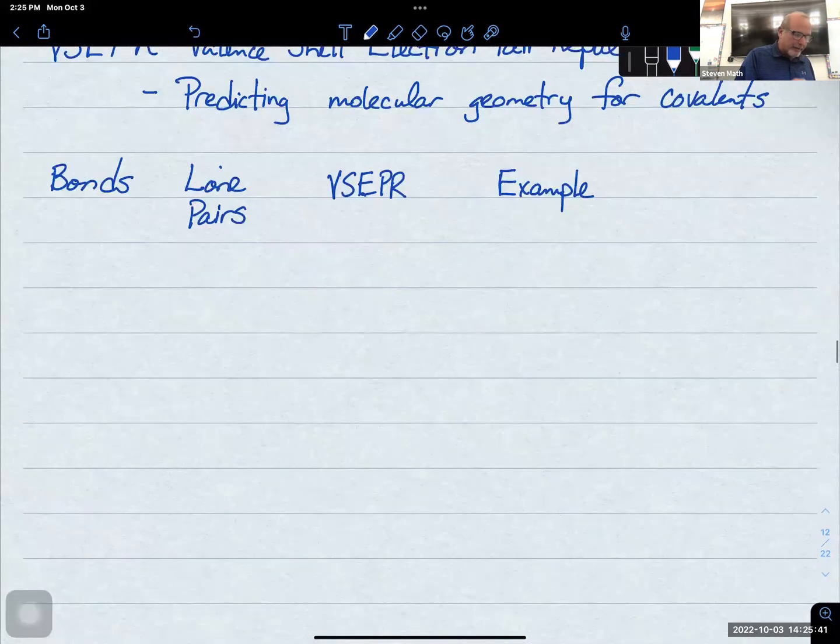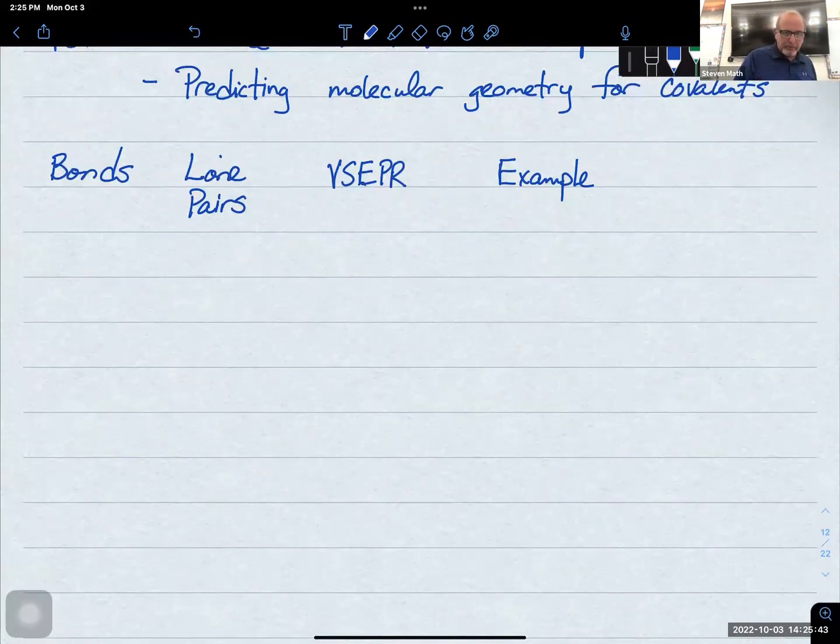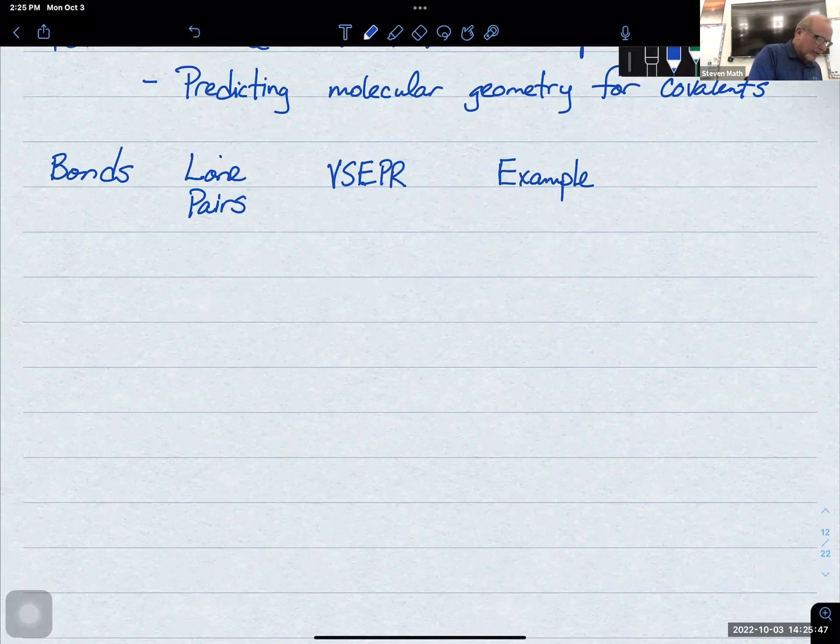So when we think about the simplest of simple compounds, that compound would have one bond, no lone pairs. And the only way to connect something with one bond would be something like hydrogen. It has one bond.